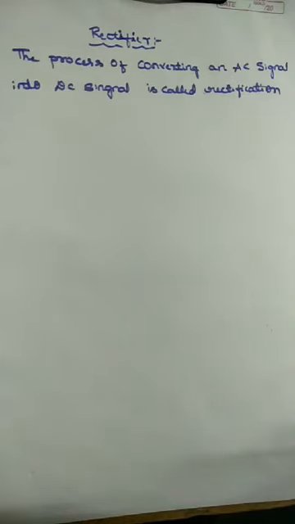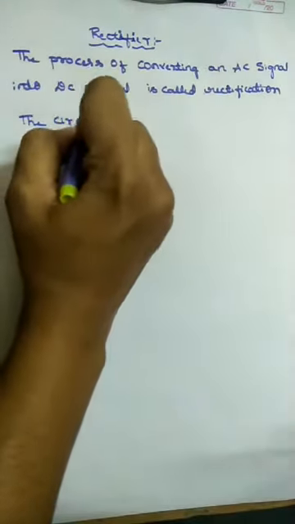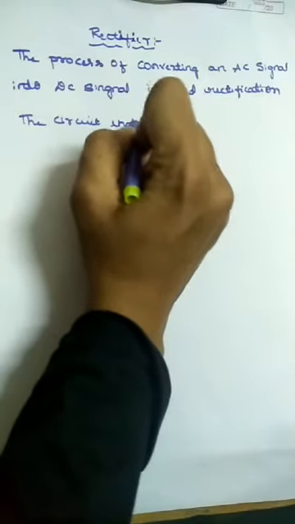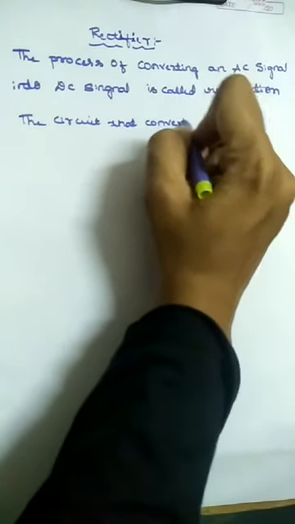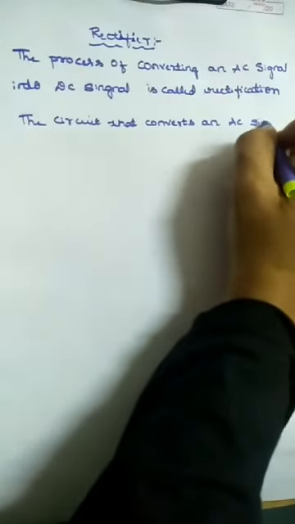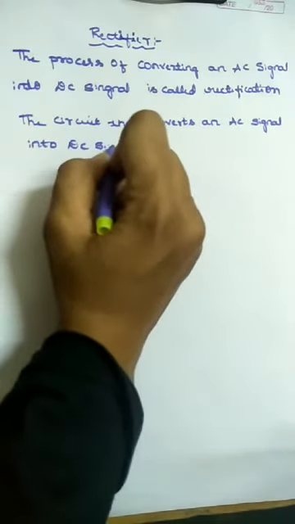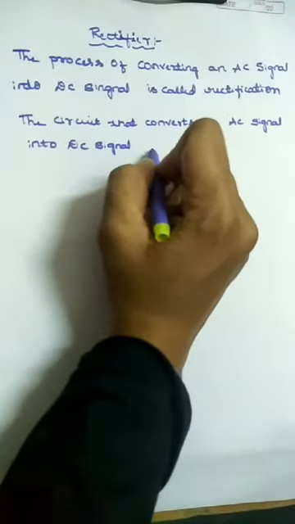So the circuit that converts an AC signal into pulsating DC signal is called a rectifier. It can also be defined as a device that converts an AC signal into DC signal.